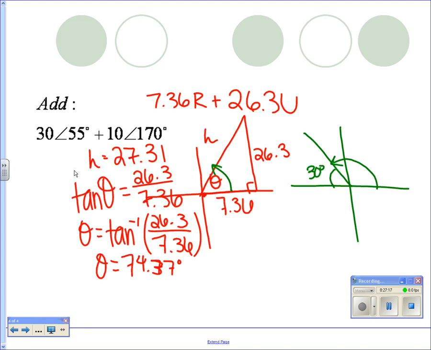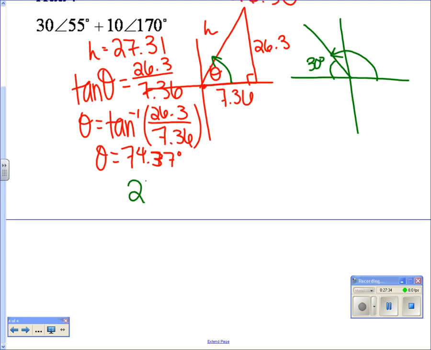What goes where? Look up here. Because it has a little degree sign. Does that make sense? So what would we write for our answer? Does that make sense?